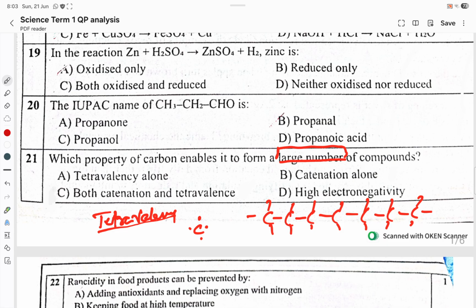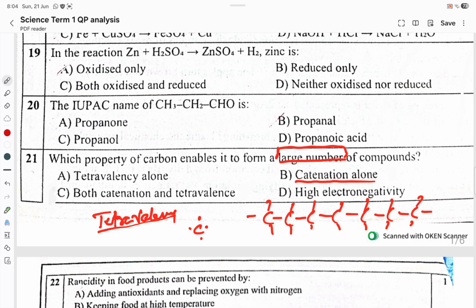The second thing is catenation. Catenation is the phenomenon which enables carbon to form a large number of compounds. That means many carbons connect with each other by covalent bonds. This is called catenation.